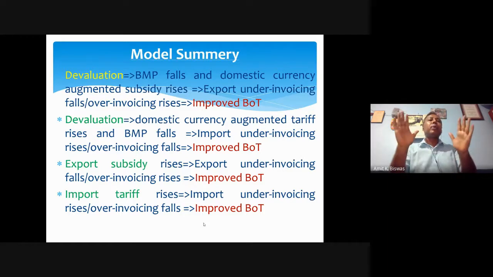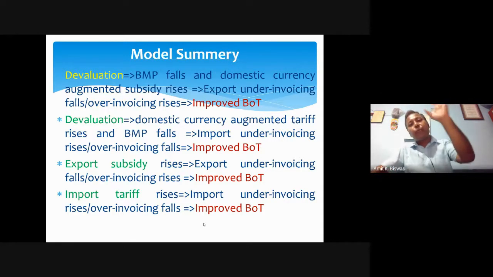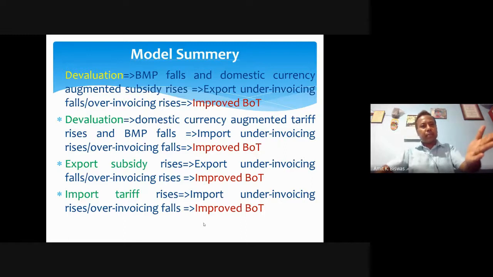So our balance of trade should look nicer, which it actually is not. Second, domestic currency augmented tariff rate, if it goes up and BMP falls, then import under invoicing again rises, or over invoicing falls, improved beauty. Export subsidy rises, improved beauty. Import tariff rises, again improved balance of trade.